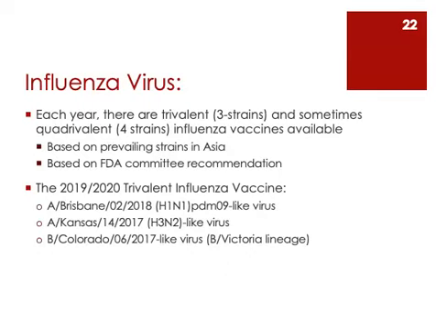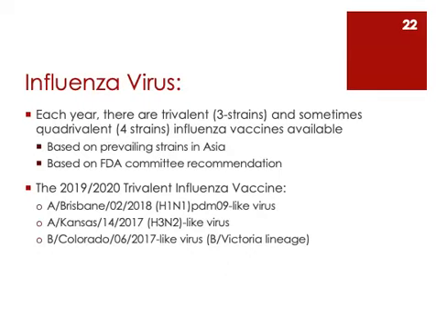So by watching what happens in Asia every year, and in other parts of the world, we know which strains of virus are emerging and which ones are most likely to cause significant disease in the Western world. So, based on the prevailing strains, and also based on a subcommittee of the FDA, a group of officials at the FDA who sit down, look at the data, and make the choices for the trivalent and the quadrivalent vaccines.